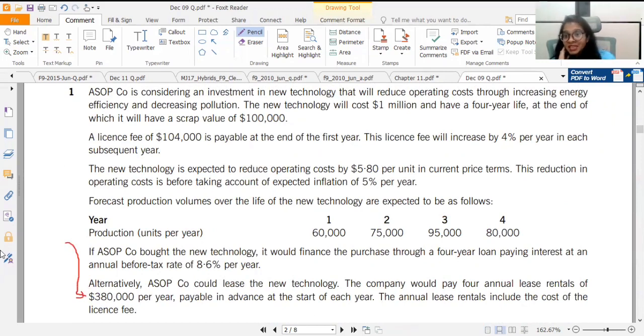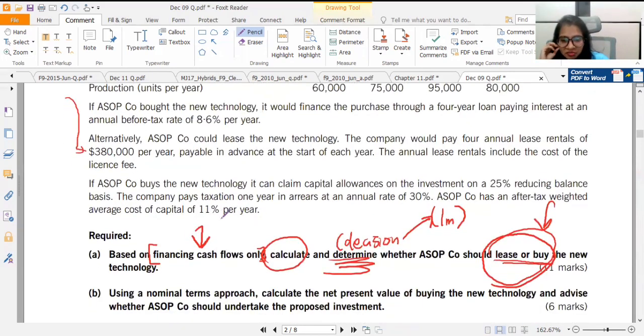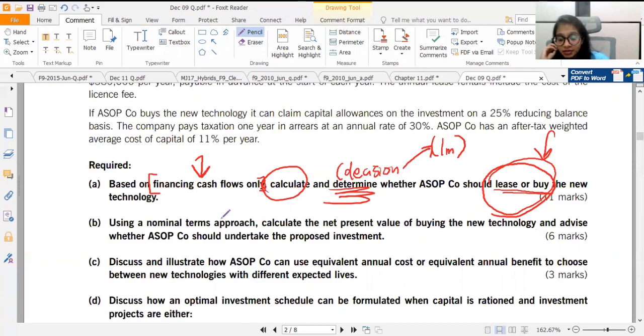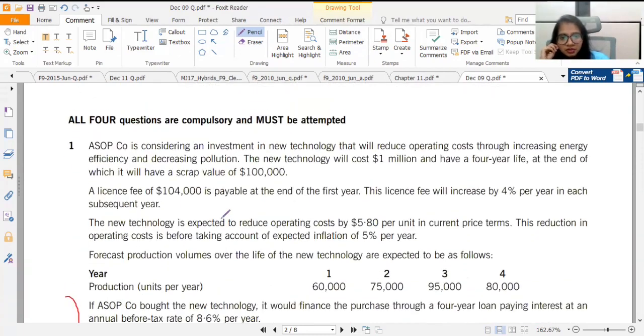A lease payment on machinery is completely different from a lease rental of an office or something like that. So please be aware, please be careful. Normally you would definitely see lease or buy. Okay, now let's read the question together.